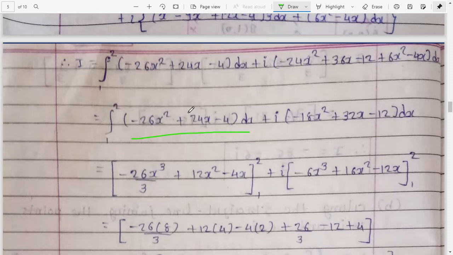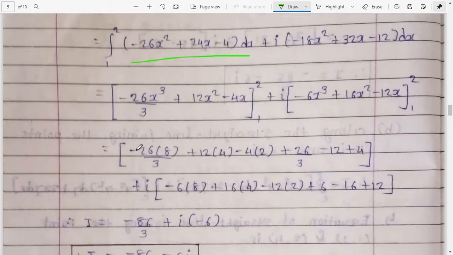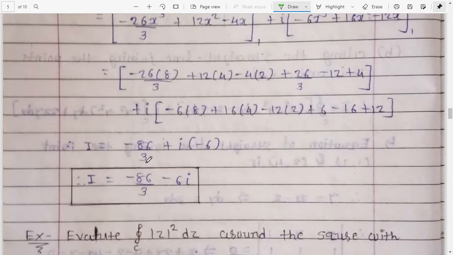Now integrating with respect to x, we get minus 26x³/3 plus 12x² minus 4x, limit 1 to 2, plus iota (minus 6x³ plus 16x² minus 12x), limit 1 to 2. Now putting the limits and simplifying, we get minus 86/3 plus iota times minus 6.